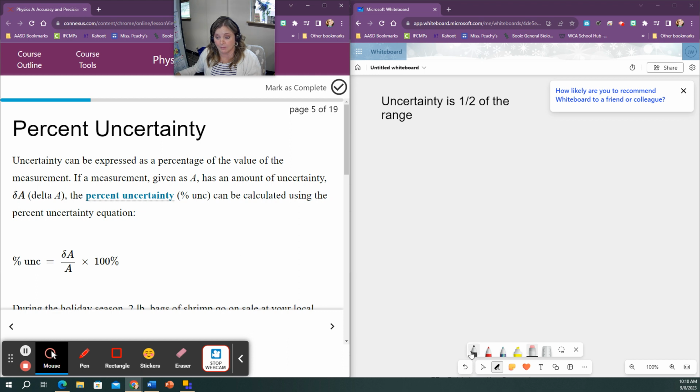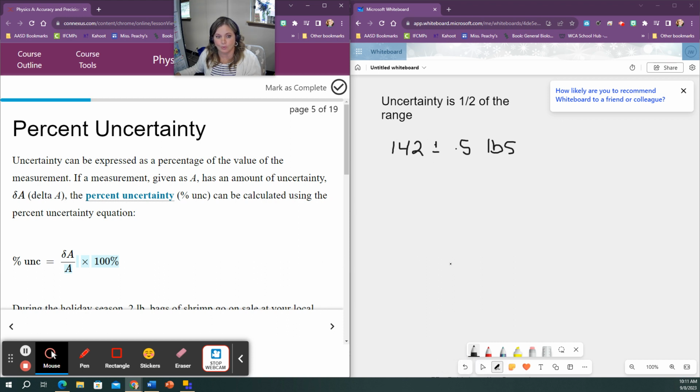In the previous problem, we had 142 plus or minus 0.5 pounds. Let's not forget our units, you guys. Units are important. The plus or minus is your uncertainty in units, and this is the measurement.